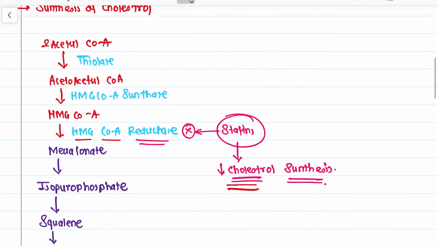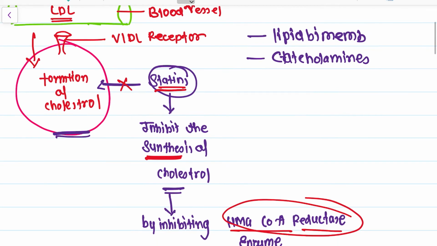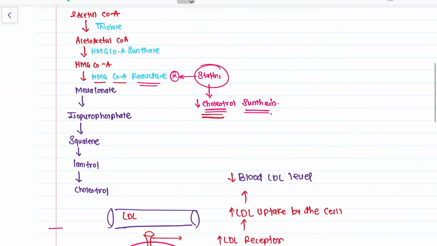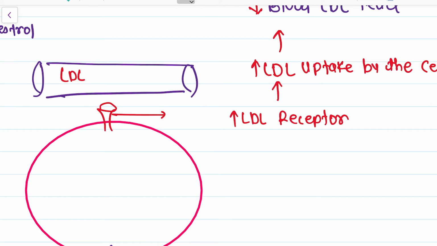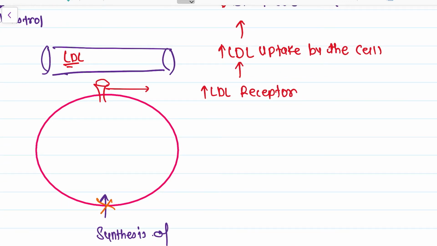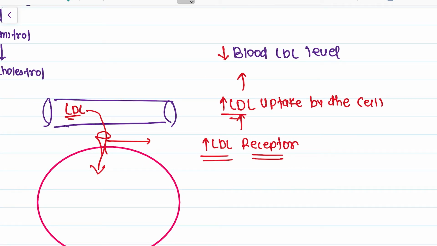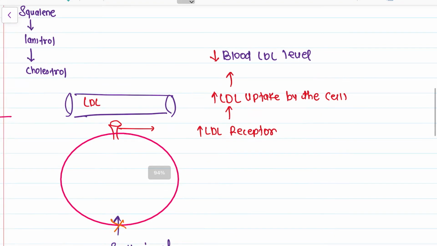Now, as I said, as a compensatory mechanism, if this pathway is blocked, the cell will try to compensate this loss by increasing LDL absorption, by increasing expression of LDL receptors, which will lead to increased LDL uptake by the cell and decreased blood LDL level.